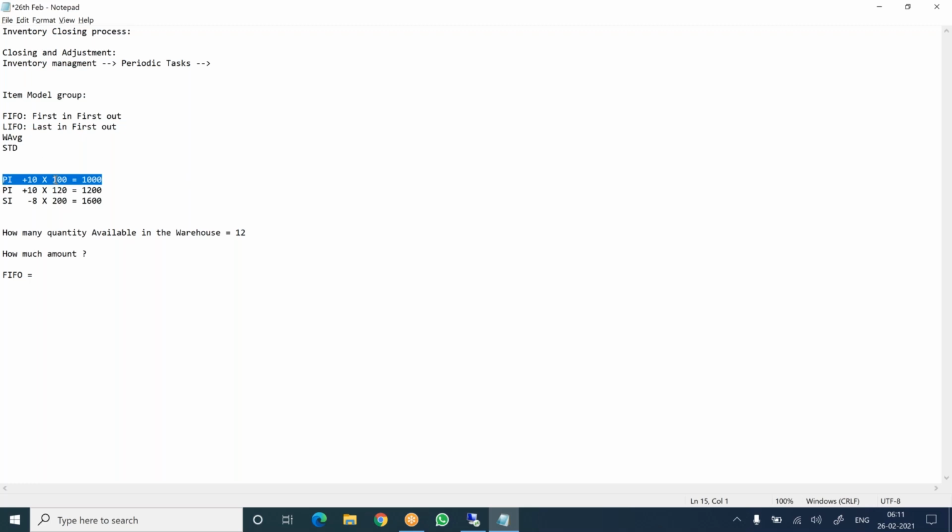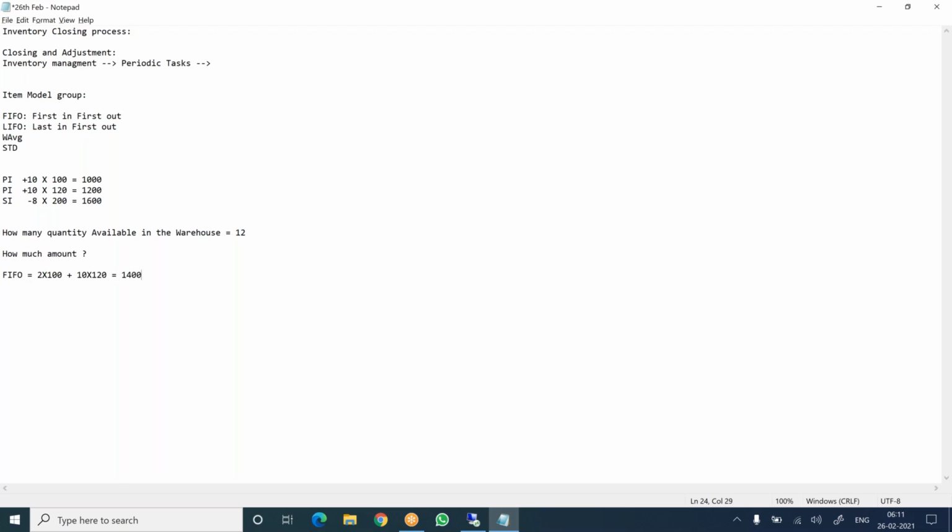So 8 quantity removed, then 2 quantity available. 2 into 100 plus 10 into 120. Then it is 200 plus 1200, 1400 is the amount.